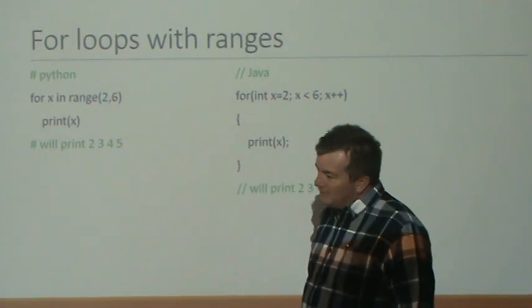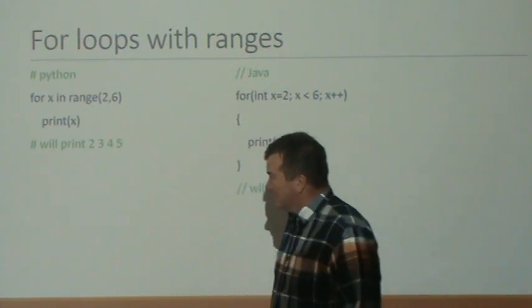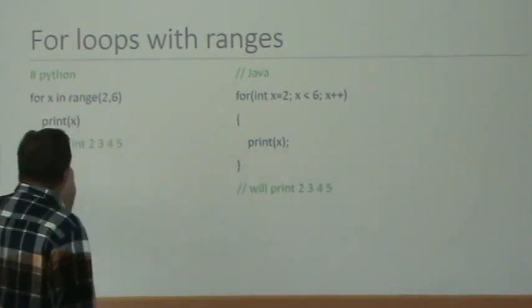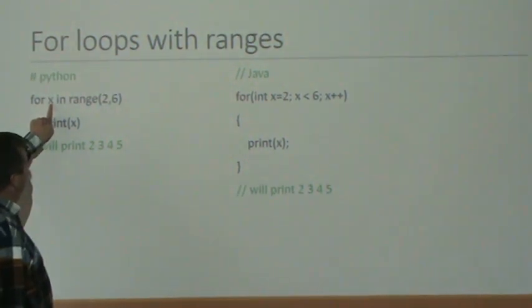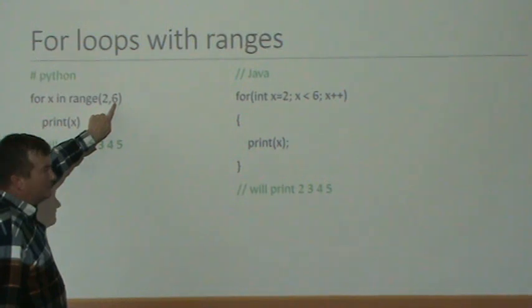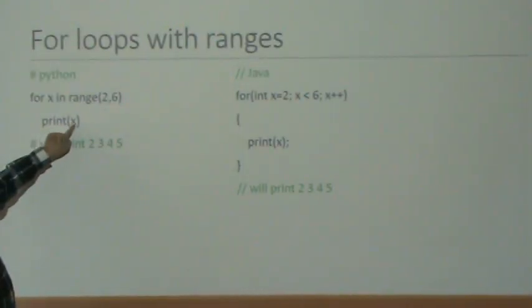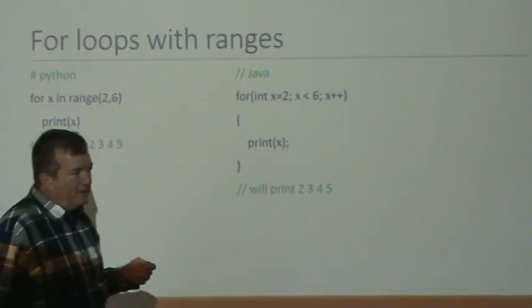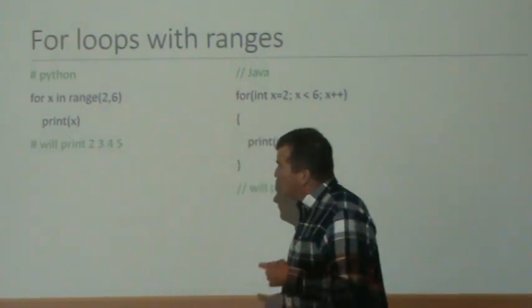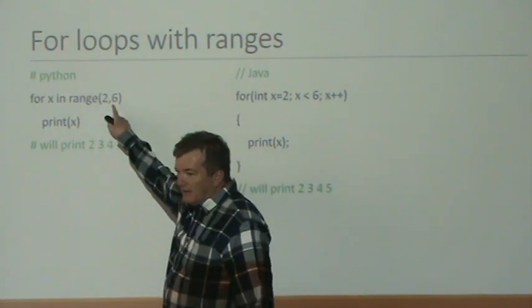So this is one thing that eats at me about the way they designed Python. If you say for x in the range from 2 to 6, print x, what it'll effectively do is create a variable called x, which is going to be an integer, because you're starting at 2 and you're ending at 6.